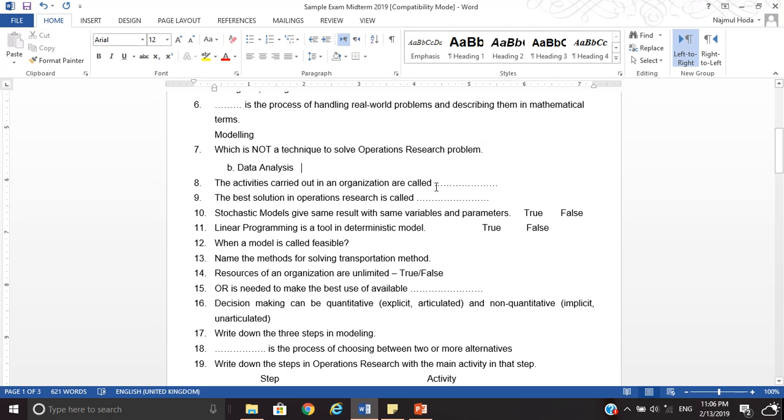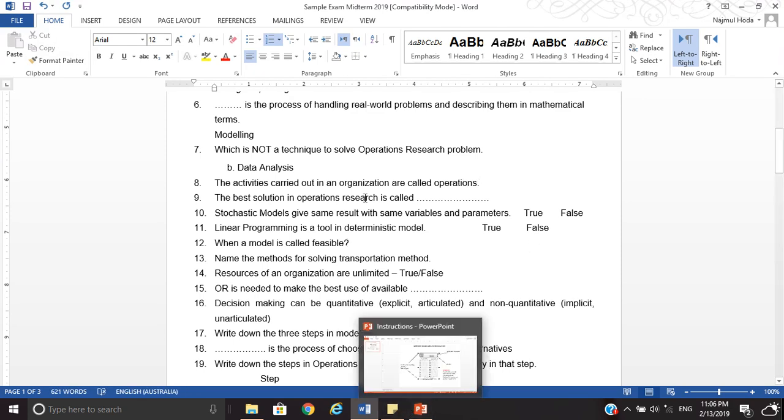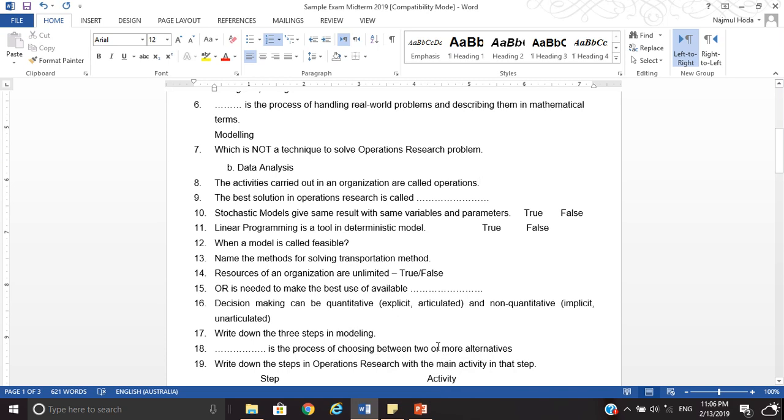Question number 8, the activities carried out in an organization are called operations. Any activity that is carried out in an organization like HR, IT, marketing, all of them.